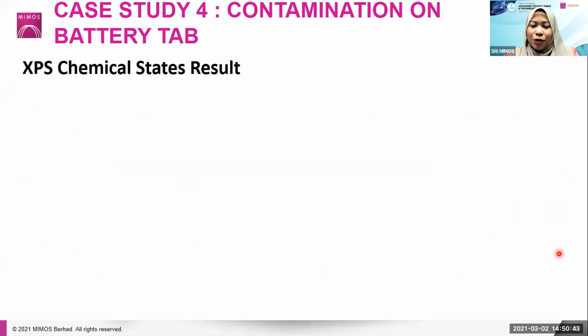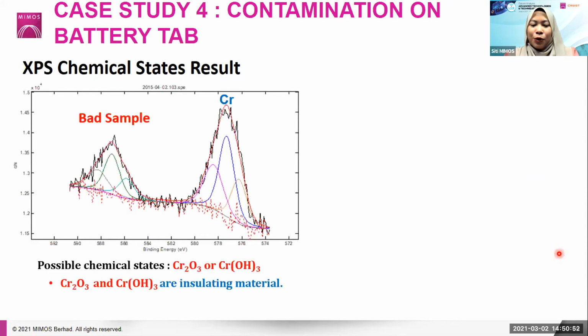And in order for us to further confirm or understand the contaminants, we can also perform the chemical state analysis. So we perform the chemical state analysis for chromium binding energy. And from this analysis, we observe that the possible chemical states are chromium oxide and also chromium hydroxide.